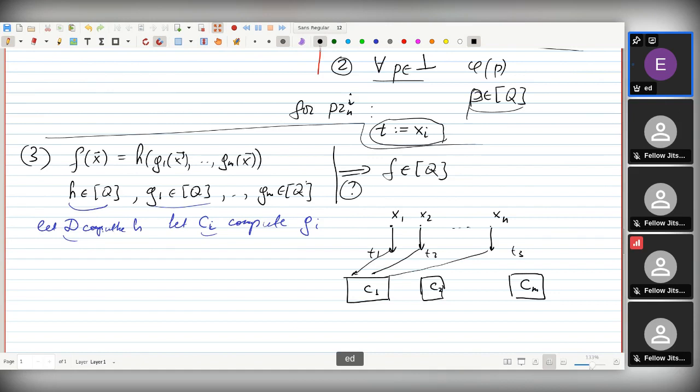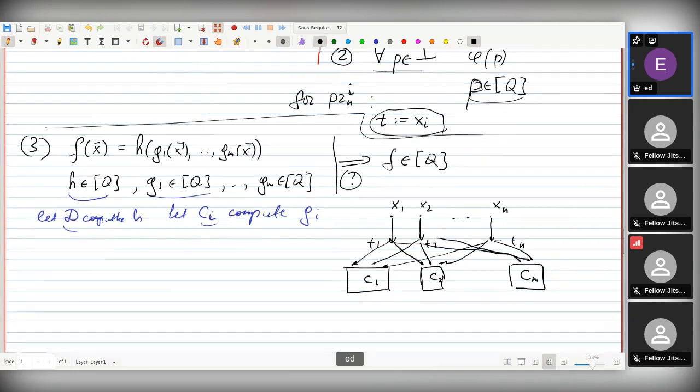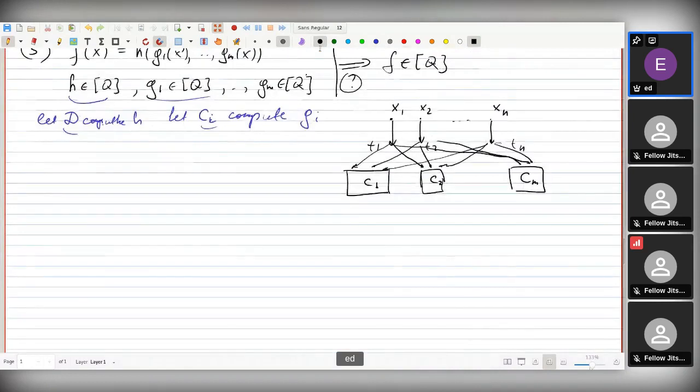Every such circuit takes all T's. We can copy T's here to the inputs of our circuits. Is it clear? Yes. And here we will obtain our G's. Here we will compute G1, here G2, here Gm.